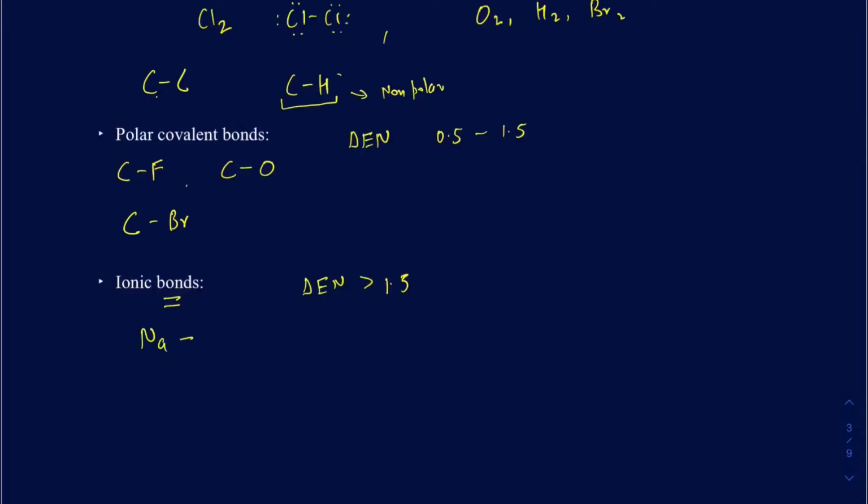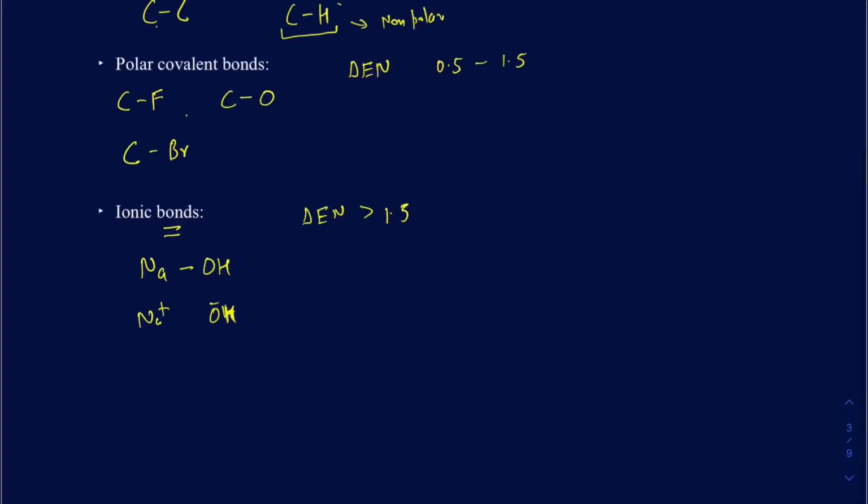For example, the bond between Na and OH is going to be an ionic bond because you're literally going to have an Na plus there and an OH minus there. So there is a full charge in ionic compounds. I can talk about KCl too. In KCl, you've got K plus and Cl minus.